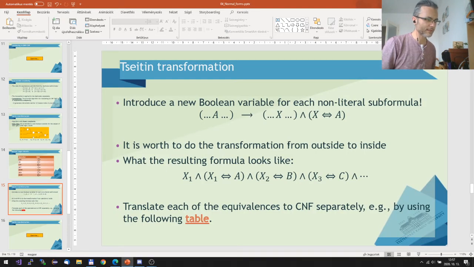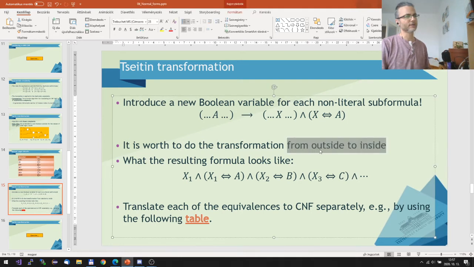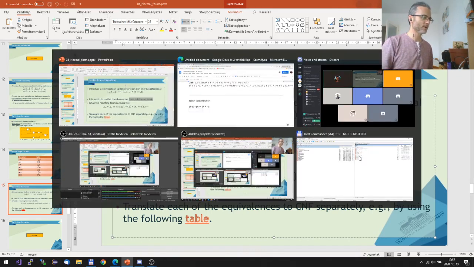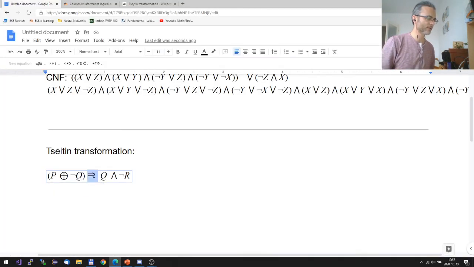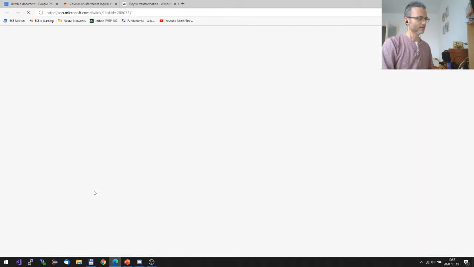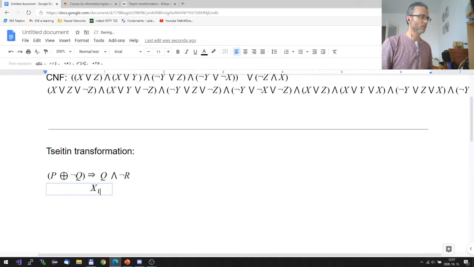I would like to emphasize this part of the slide here. So we are going to move from outside to inside. So we introduce the first variable for the outermost operator, this implication. So this x1 is going to represent the output of this implication.